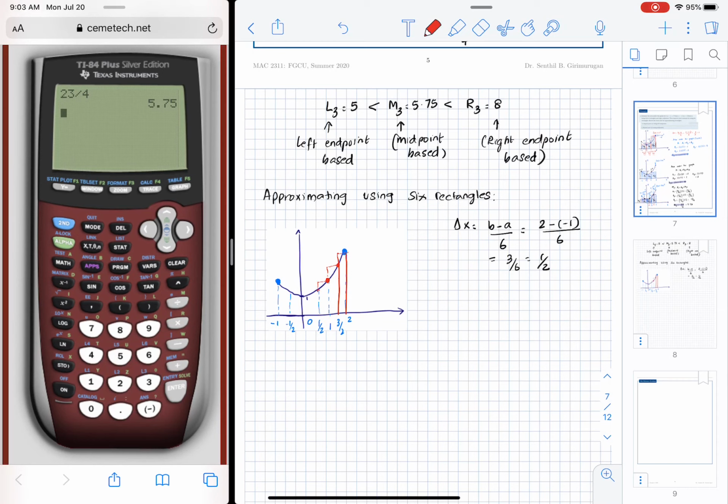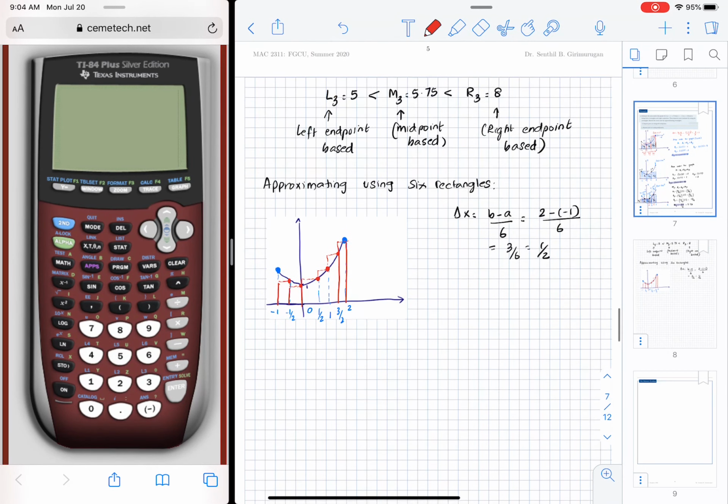Next rectangle. Next rectangle. And at 0, I would have over there. Next rectangle. And at 1/2, I'll have that point. And that would be the rectangle.